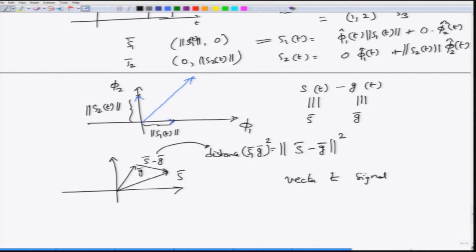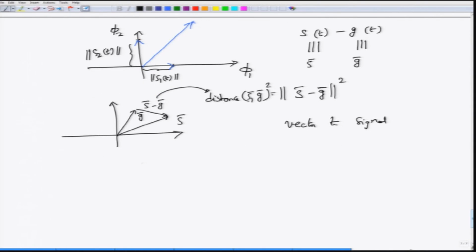So, we can think of a signal as a vector, and this decomposition of any of the source waveforms, say Si of t or Sk of t, does not matter, into the j orthonormal basis functions would give rise to representation of the waveform as a vector on the appropriate signal space that is spanned by the basis functions phi j of t.